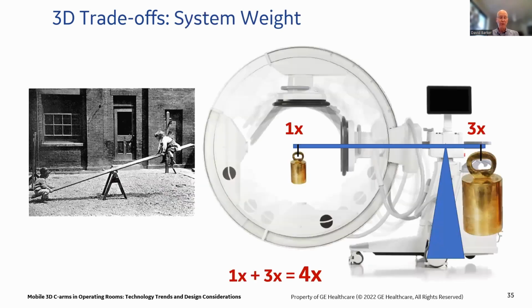Now, one thing you find, regardless of who's designing the C, whatever manufacturer it is, the C is extending far away from the rest of the system. It's a big piece of geometry, and no matter what you make the mass of that whole system with the X-ray tube and the detector, that mass is projected so far away from the rest of the system that I need to typically add 3 times the weight of that entire assembly to keep it from tipping over.